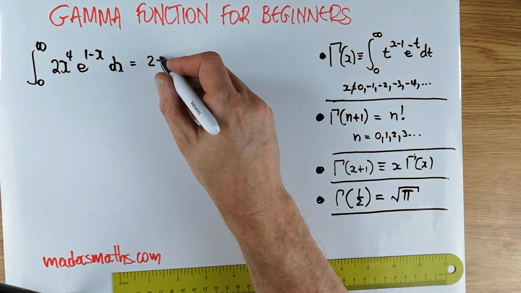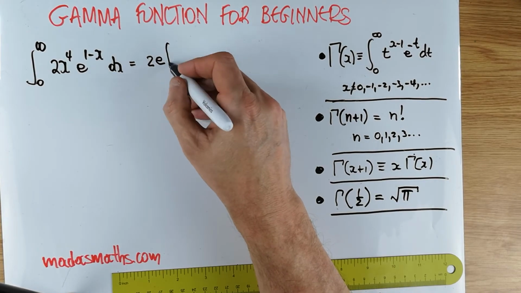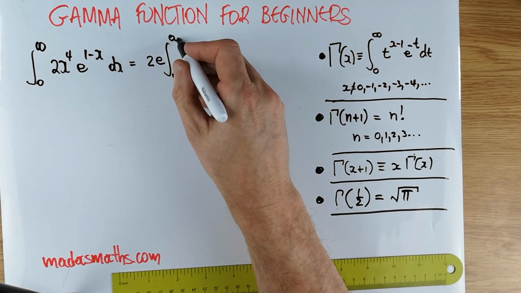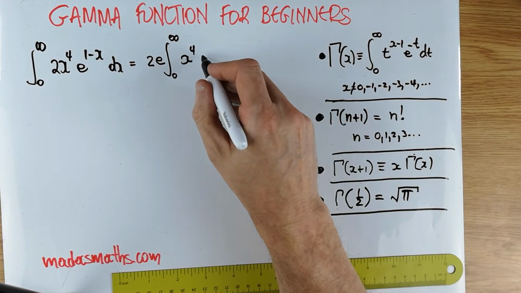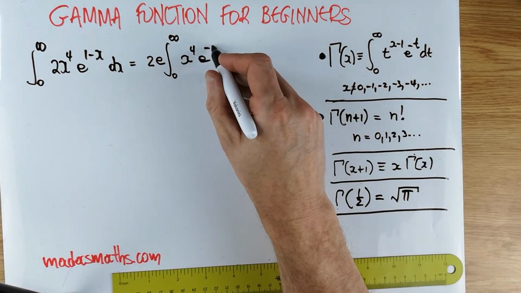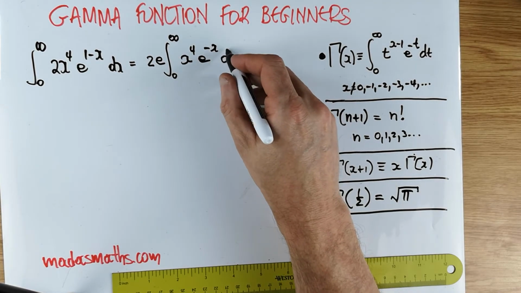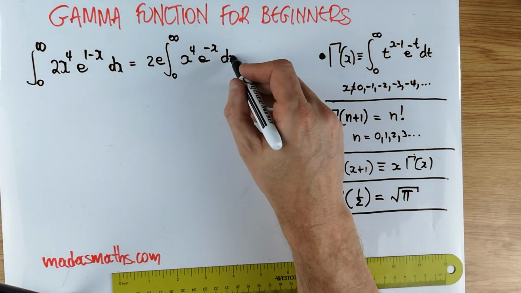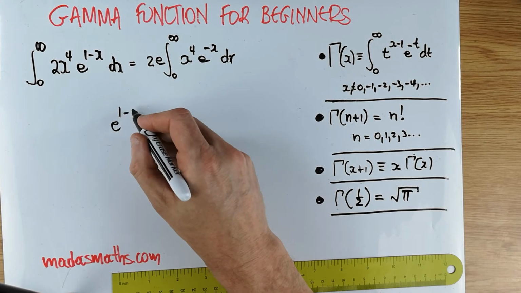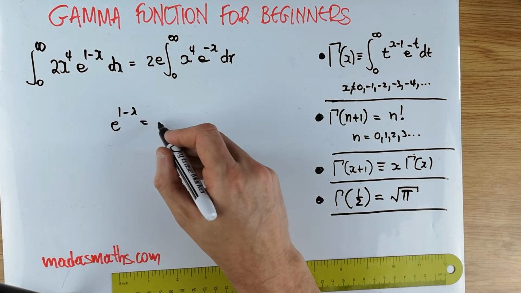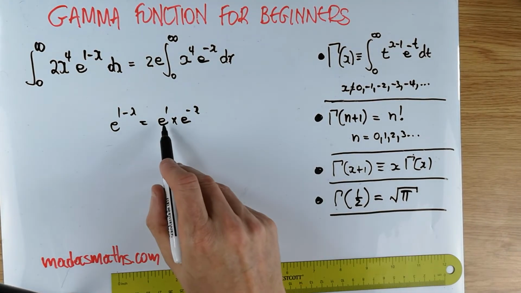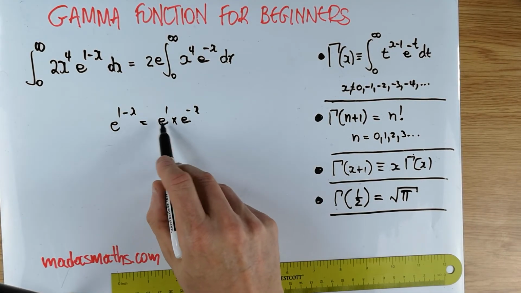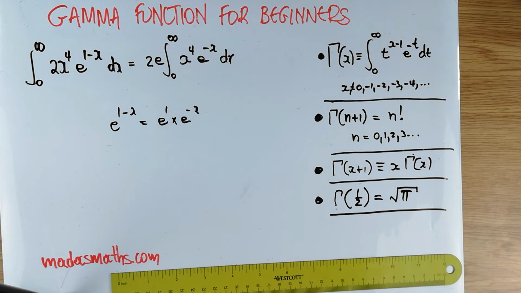And I'm going to factorize out an e. So this integral now will become x to the 4 in there, and I have e to the minus x dx. I hope you followed this particular manipulation. All I've done is that e to the 1 minus x is e to the 1 times e to the minus x, and I just factorized the e to the 1, or simply e, on the outside.